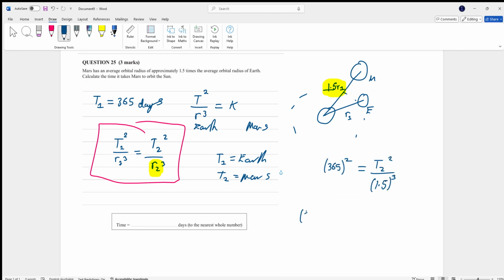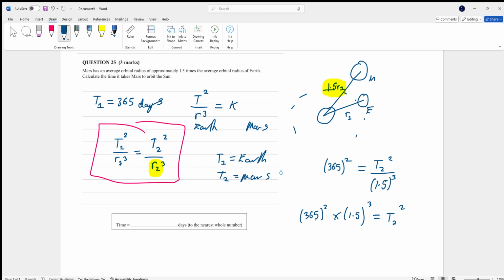So here we have 365 squared times 1.5 cubed equals T2 squared. We would calculate what that value is first. That'll probably be a decimal value, so we'll just calculate it: 365 squared times 1.5 cubed.